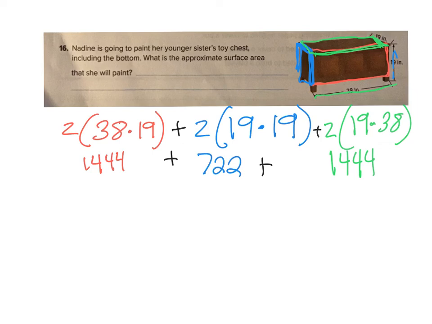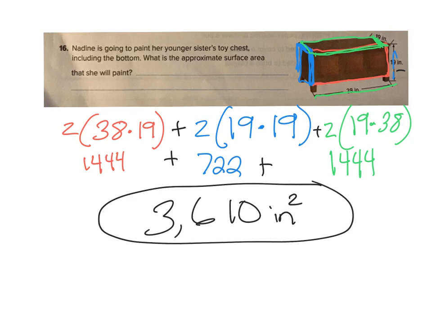So now let's add them all up. 1,444 plus 722 plus 1,444 equals 3,610. It's my unit, inches, and it's the area, so it's squared. 3,610 square inches. Okay?